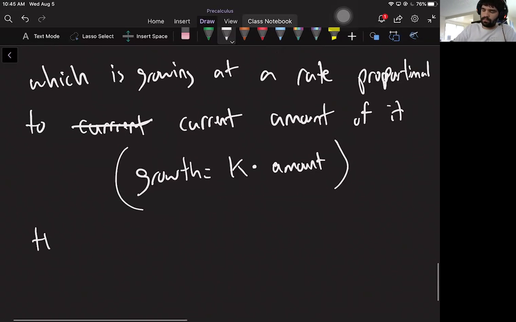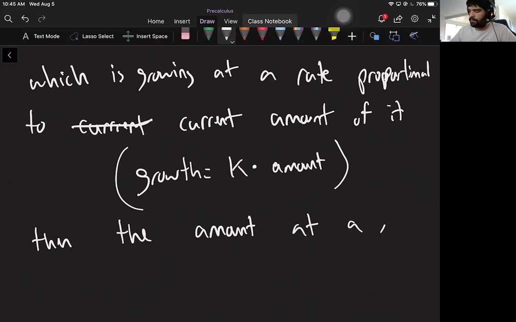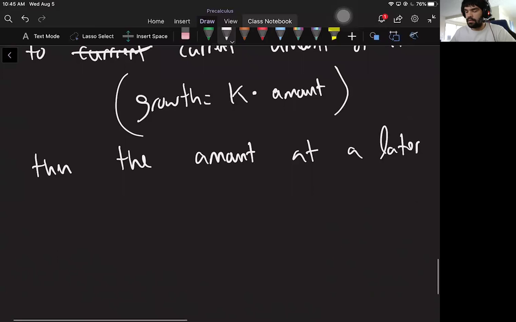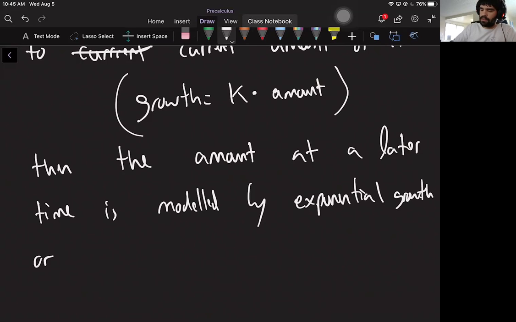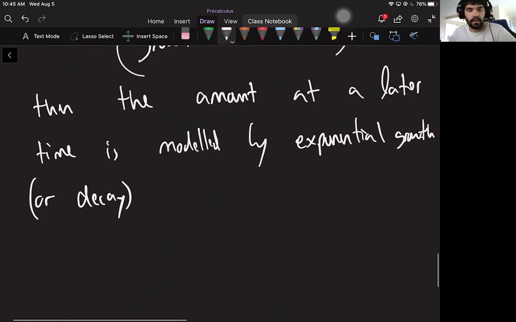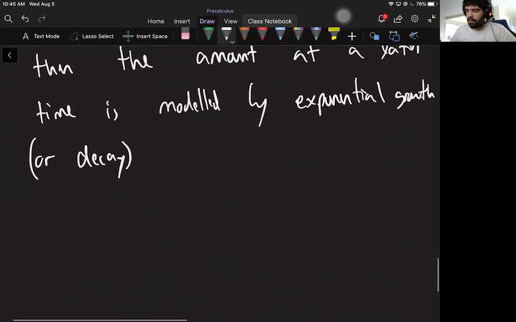Then the amount at a later time, so you have 100 of something right now and you want to know how much there is later, is modeled by exponential growth, or if it's shrinking down, decay instead. And it's always modeled by, in that situation, this function.